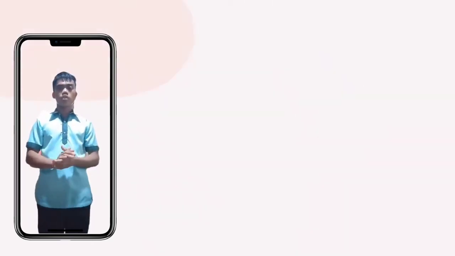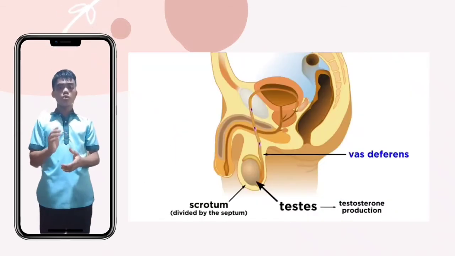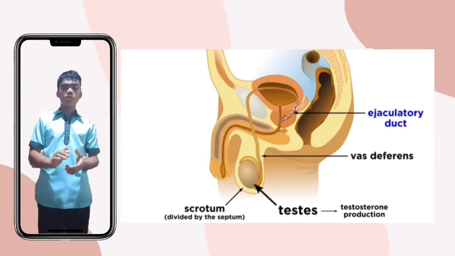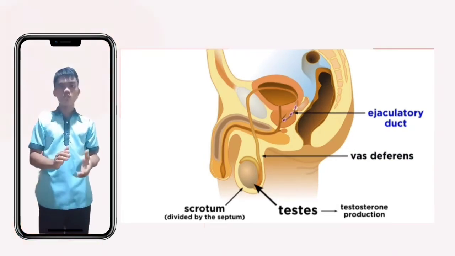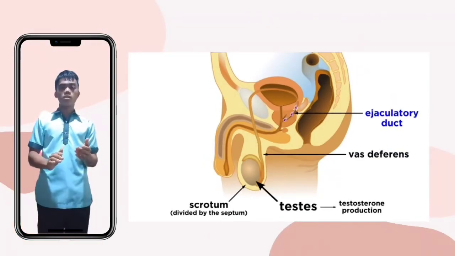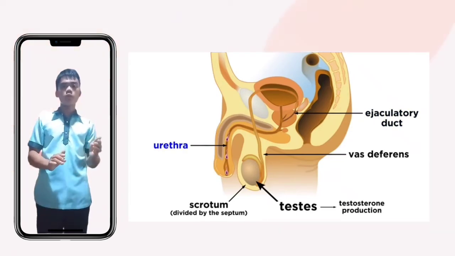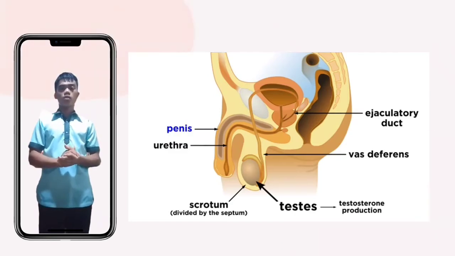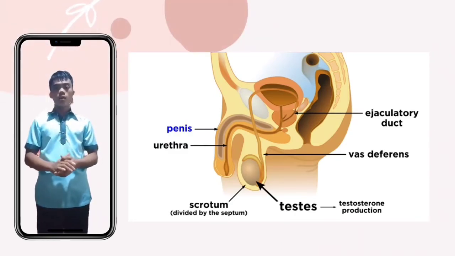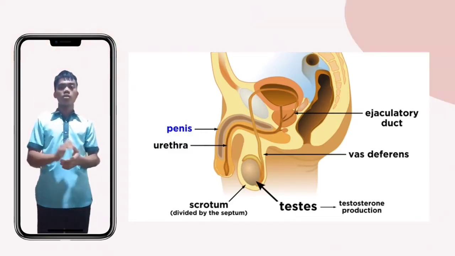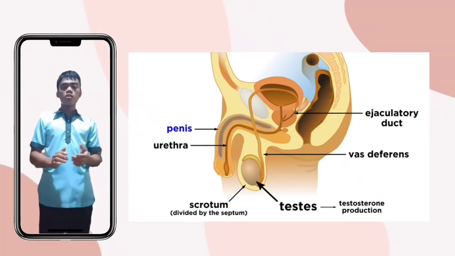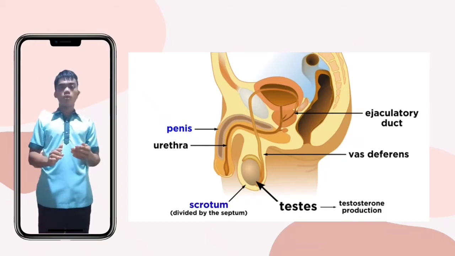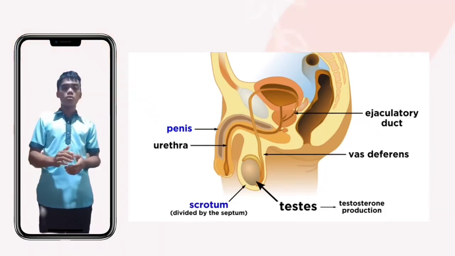When this happens, sperm cells move through the vas deferens and the ejaculatory ducts, eventually moving into the urethra, just like urine at the end of the urinary system. In doing so, it leaves through the penis, which is the copulatory organ.